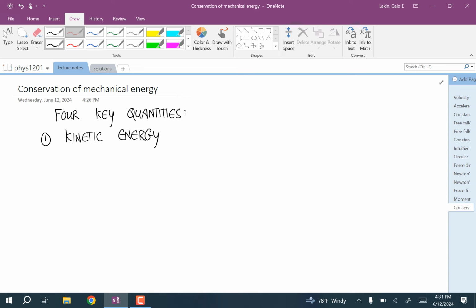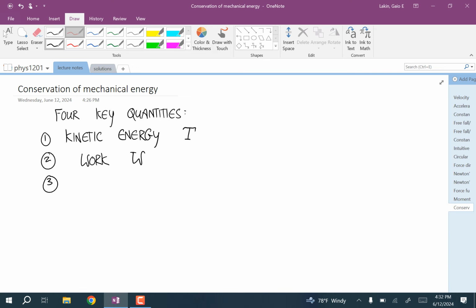The second one is the work, which I'll represent with a capital W. That makes more sense than a capital T for kinetic energy, but as usual, I don't get to make this stuff up. I just use what other people have. Anytime it doesn't make sense, I usually think maybe something in Latin. Maybe that's what the explanation goes back to. The third one is not really a quantity, but it's a description of certain types of forces.